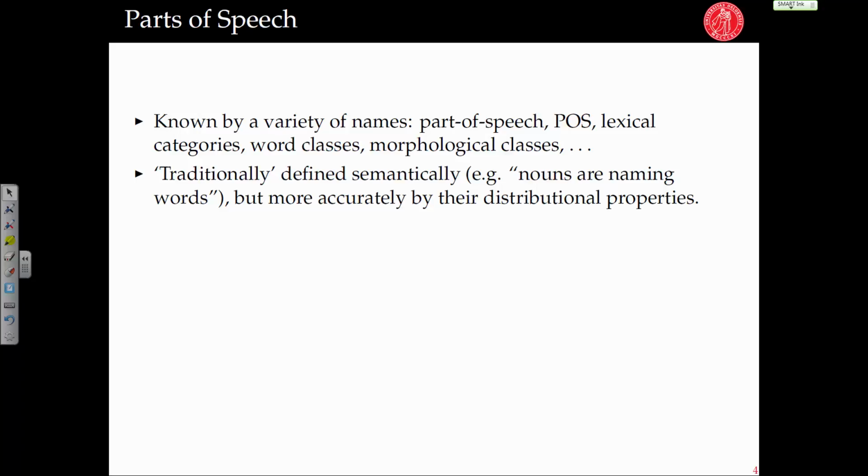This is a syntactic distributional property. A morphological property would be that nouns could be inflected in the plural form. So you have phone, phones. This is a feature of this group of words that falls under the part of speech noun.